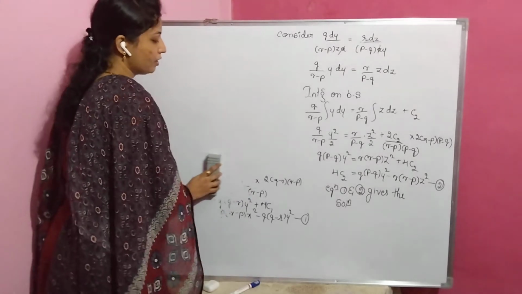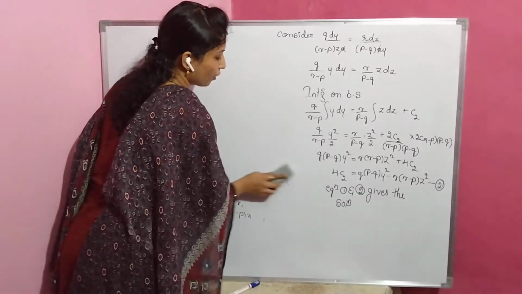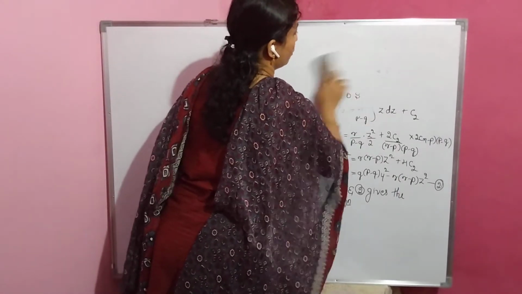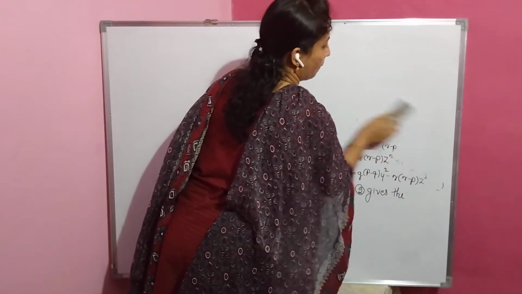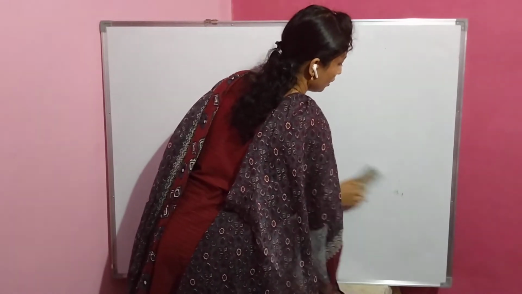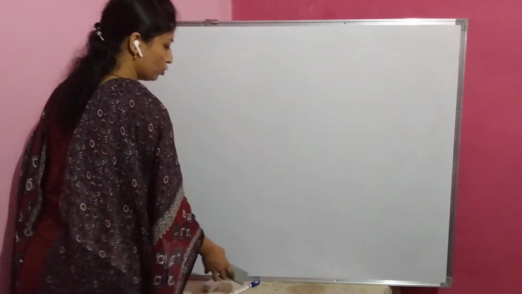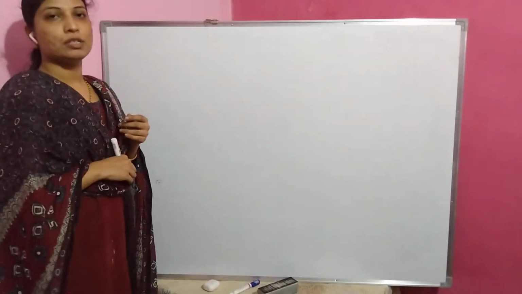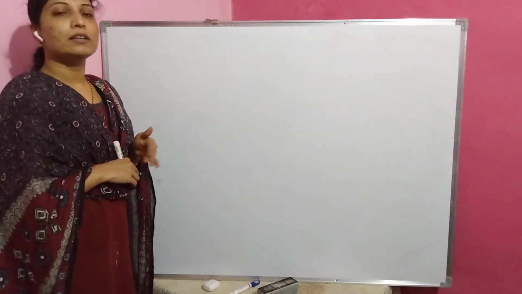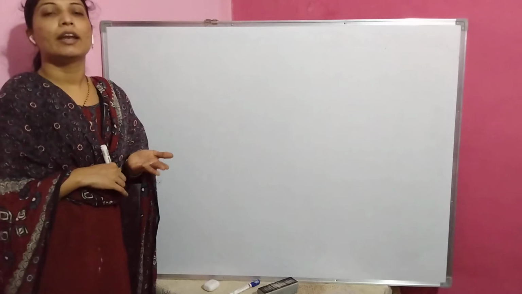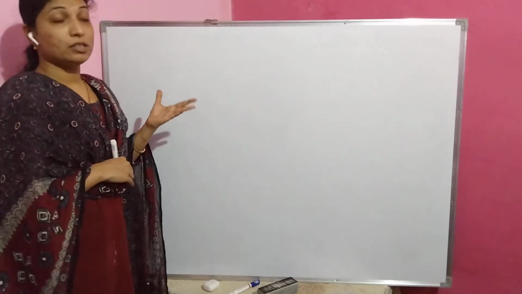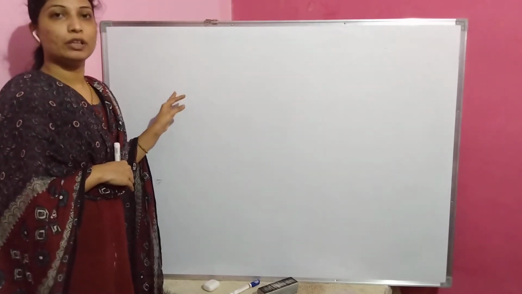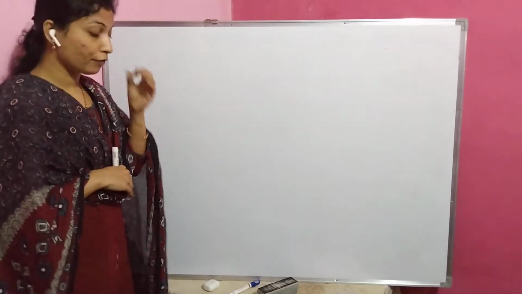The next method is using one solution to solve another pair of equations. Here also the procedure is the same: considering a group or pair of equations, then finding the value of c1. That c1 can be substituted in the next pair of equations. Then we get the solution of the symmetric simultaneous differential equation.